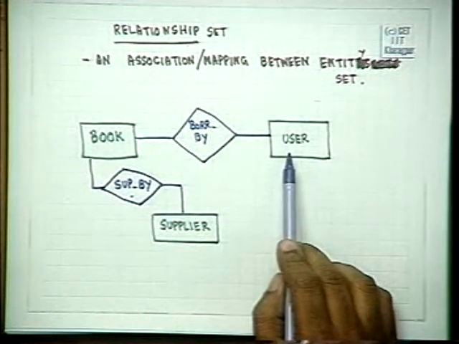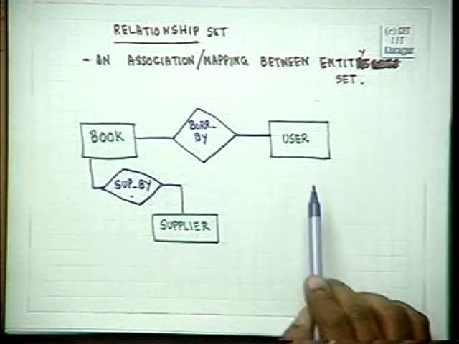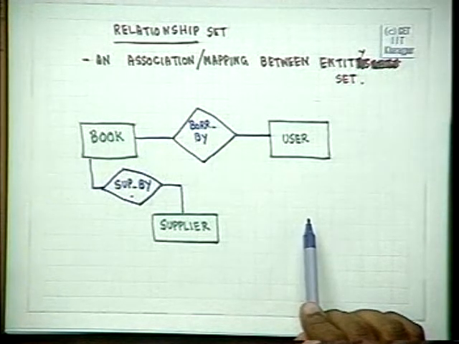In the user entity set, you cannot have the same username and same ID, same card number, 5 of them. If a person has 5 cards, his name will not be there 5 times, unless you define the cards to be different. If you define the cards to be distinct, then they will have 5 different entries. If you define one set of cards with one number, then there will be only one entry.